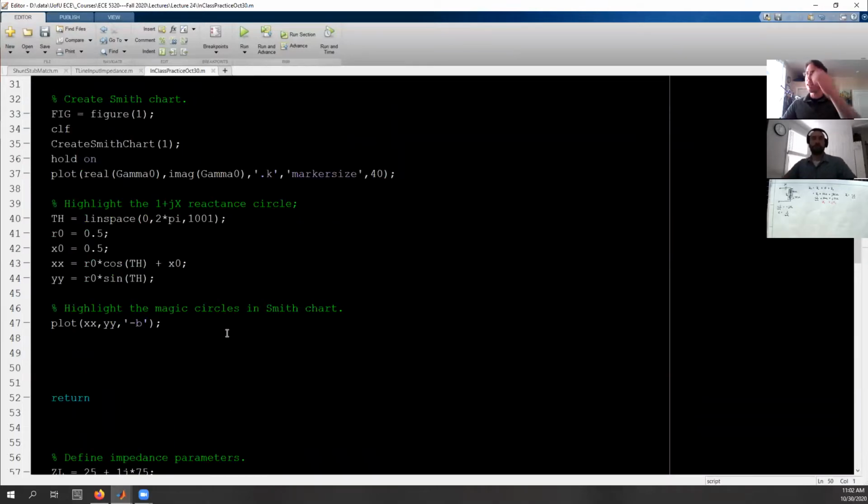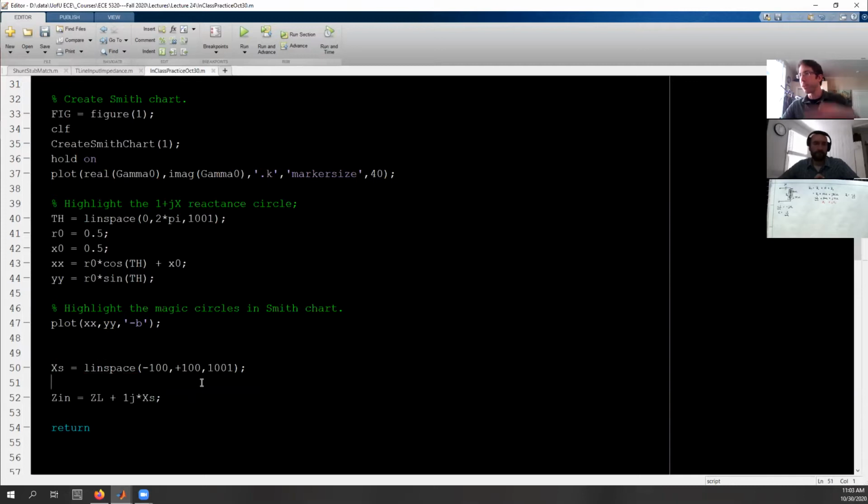A fun little exercise in your head now: suppose I say XC is a bunch of values. I'm going to go from negative 100 to plus 100 ohms with 1,001 samples. My input impedance is going to be my load plus j times this series. I'm going to call this XS, for series.